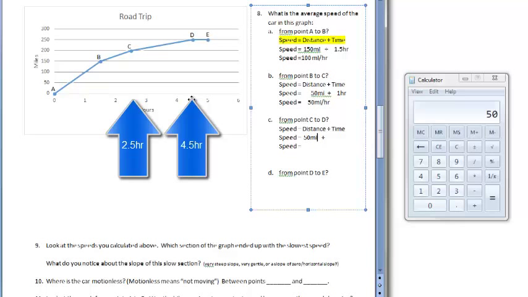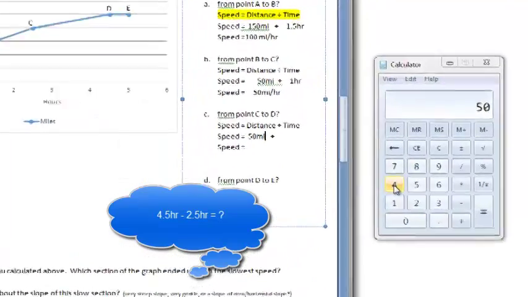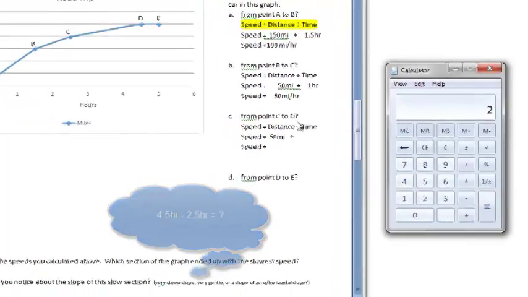If you're not sure, remember you can subtract when you want to know the difference between two numbers. I'll use my calculator to subtract 4.5 minus 2.5. Then I know how much time passed between those 2 points. My answer is 2.